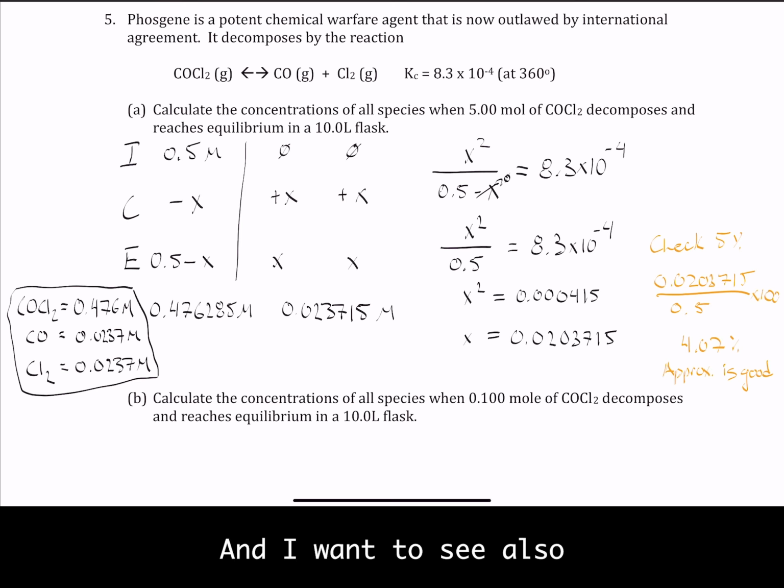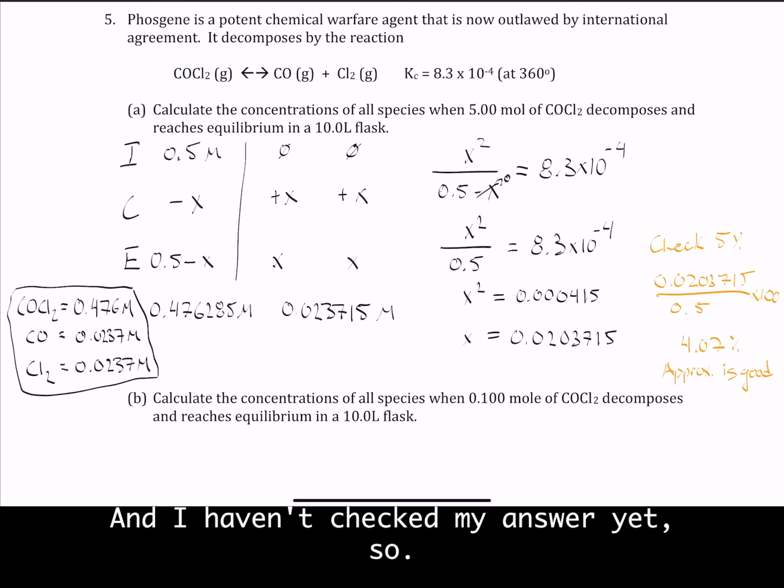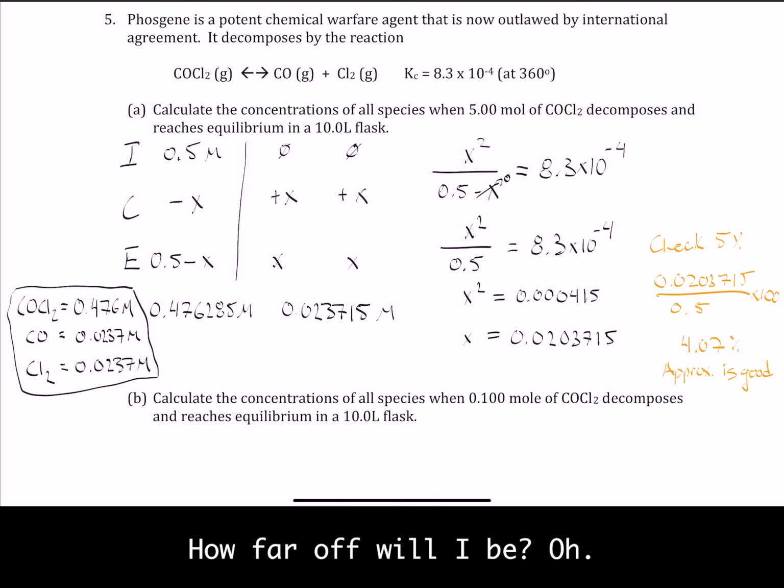Well, now I want to see how off it is if I try to check this. I missed a 0. It's supposed to be 203. And I haven't checked my answer yet. How far off will I be? Pretty far off.